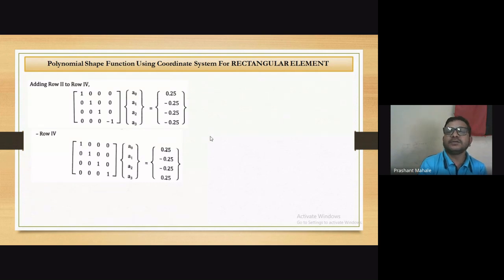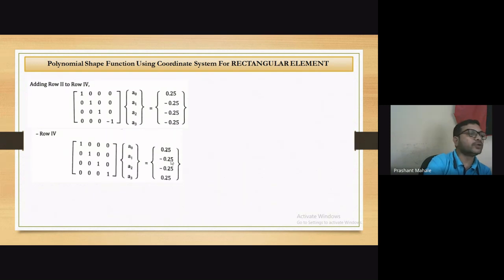What is the benefit of this unit matrix? You just now go for multiplying this A0, A1, A2, A3 to this first row. You will get the value of A0. It is 0.25. If you multiply this A0, A1, A2, A3 to second row, you will get the value of A1.